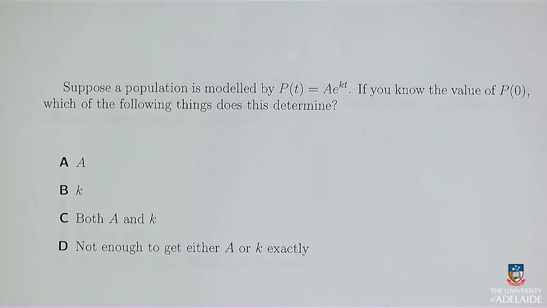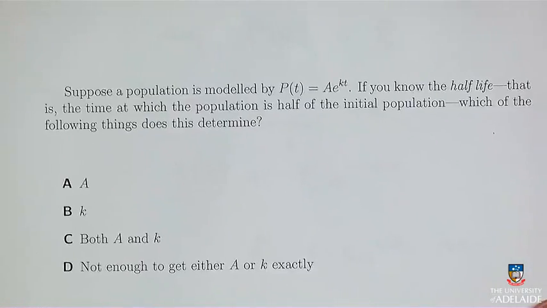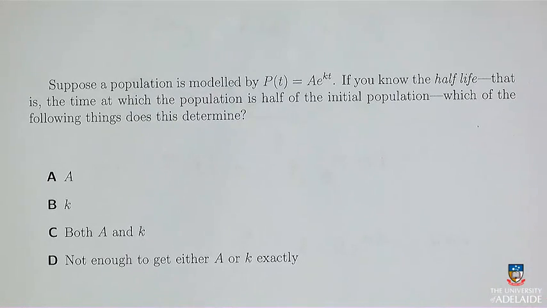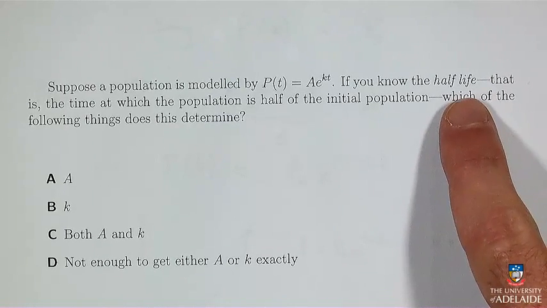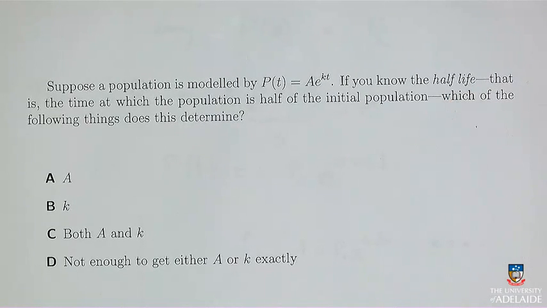All right, one more. This one's slightly harder. You might need a piece of paper for this one. Okay, so suppose you've got something that is going down, right? The population is decreasing, like some radioactive thing, that's decaying, and you know the half-life. So this is the time at which the population is half of the initial population.